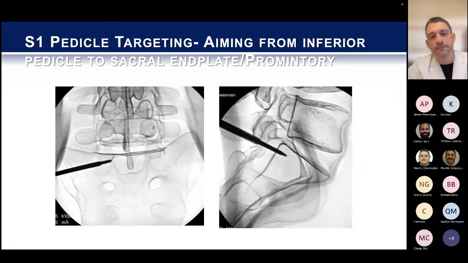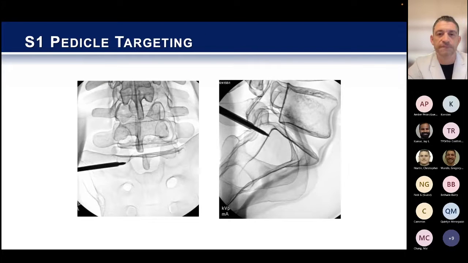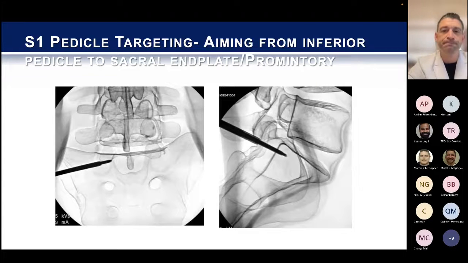So the other way to do it is to know that you're at a certain length and just place a screw that's slightly longer than what it measured with your Jamshidi. Usually that bone is going to be weaker than the screw that you place, and so you're able to breach the anterior cortex with the screw itself. But those are a few little pearls there to keep in the back of your mind.